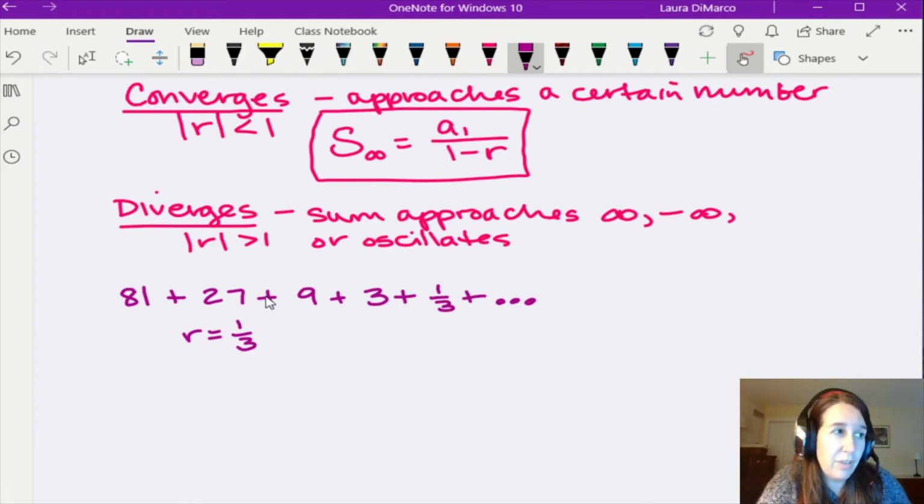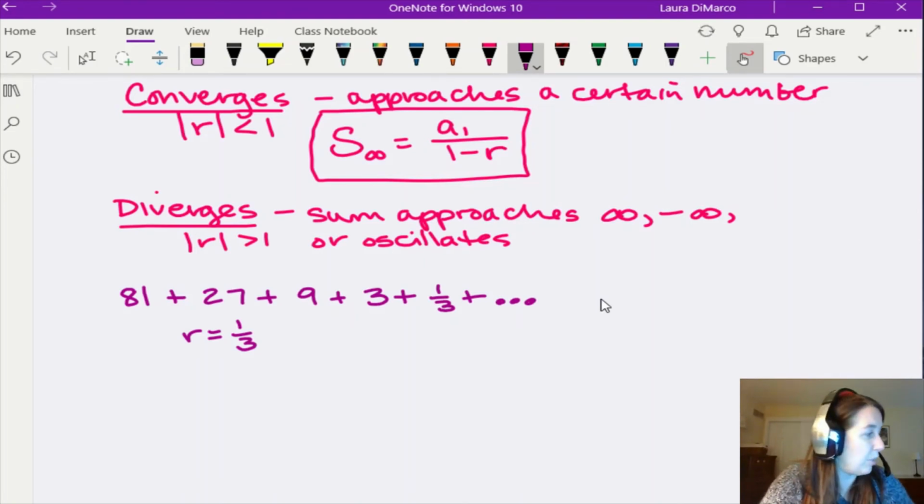Because if you think about these numbers, as they go on, they'll get closer and closer to 0. So you'll be adding less and less and less on. So that means that the sum of them is mostly here. It's mostly all here. Then the next number is 1/9. That's pretty small. Then 1/27. So we're going to be approaching a certain number.